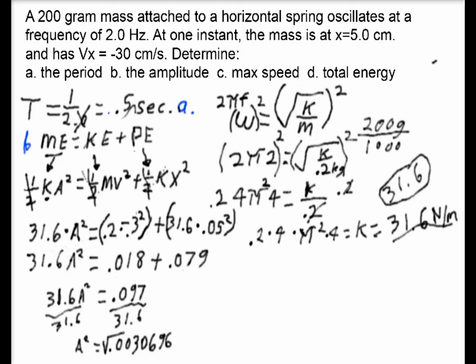Then we take the square root of both sides and get A equals 0.055 meters, since we're using meters and kilograms. Of course, that's 5.5 centimeters.